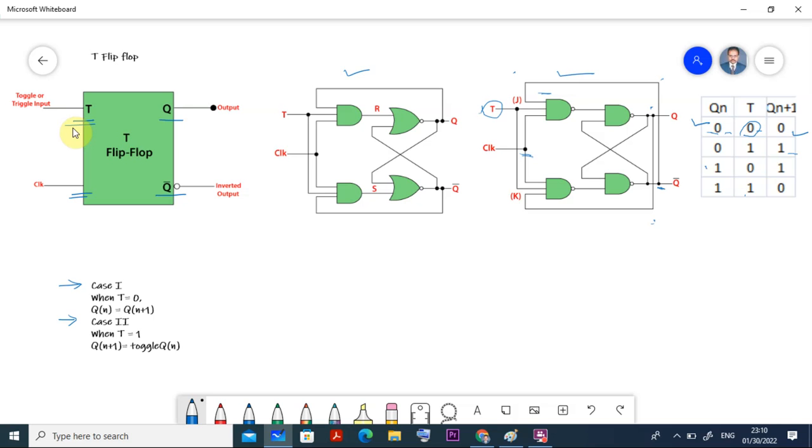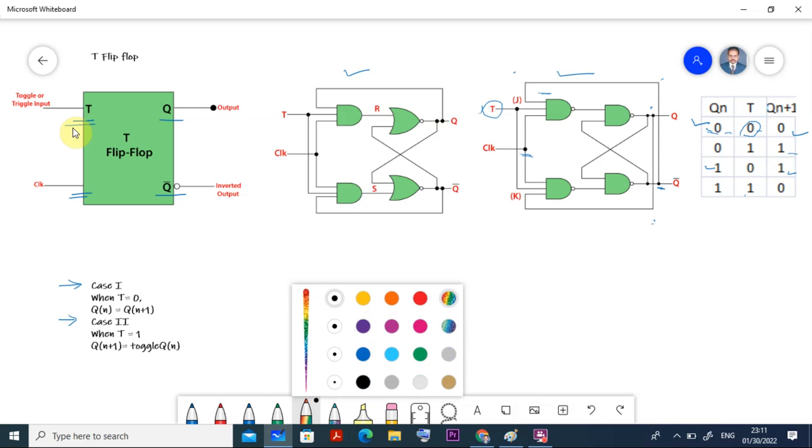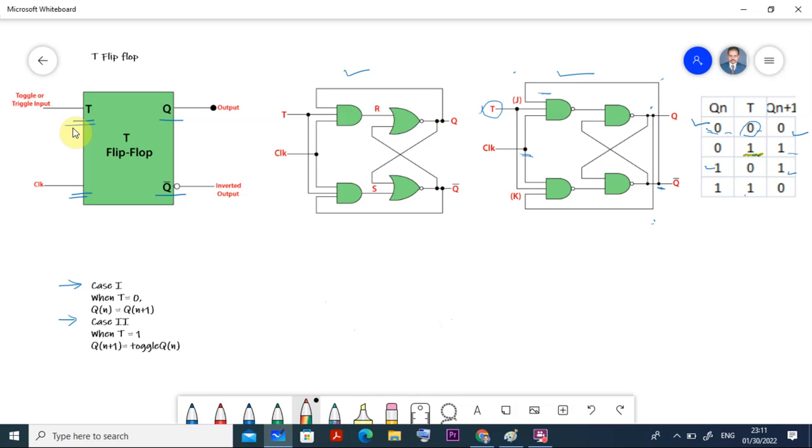That means here Qn was 1, and here also it is becoming 1. In case T is equal to 0, the previous state was 0, and it also becomes 0. But when T is equal to 1, the second case I am talking about, here T is equal to 1, one case is there, and here T is equal to 1, the second case is there.